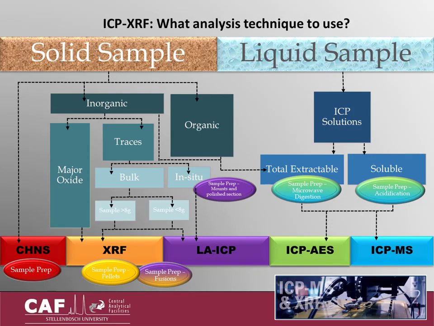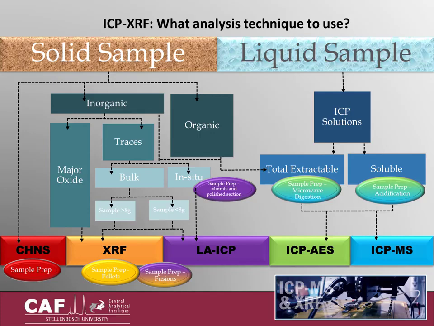For any liquid samples, major and trace elements are done by ICP AES or ICP MS, following specific sample processing steps, whether you require total extractable or soluble content of the sample. For solid samples on which you require CHNS, your choice is then only CHNS, mostly on dry samples where the sample is combusted for analysis.